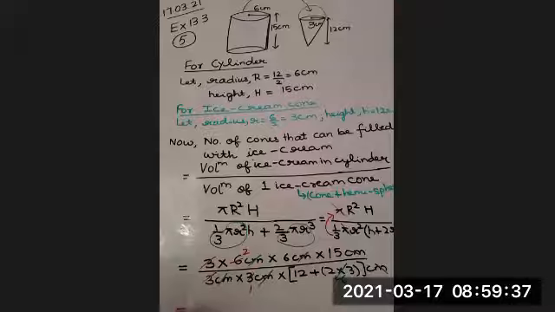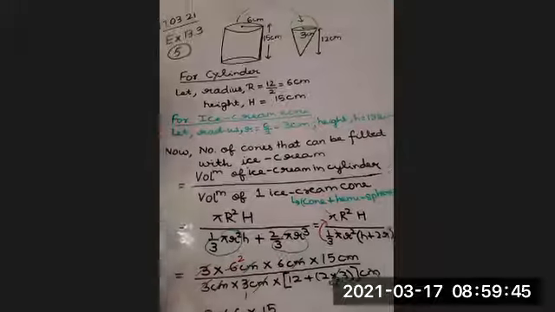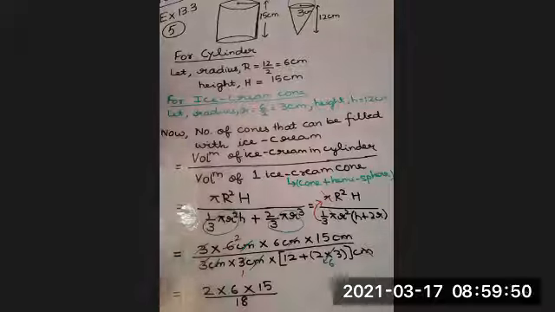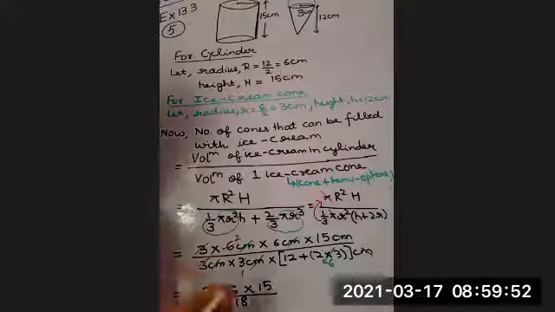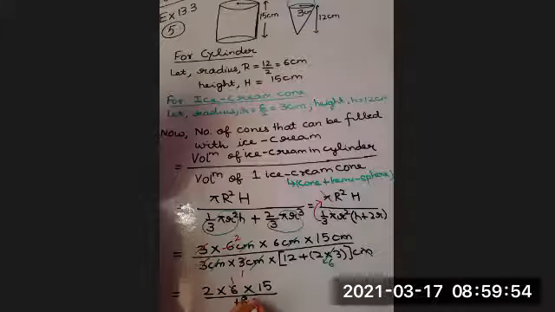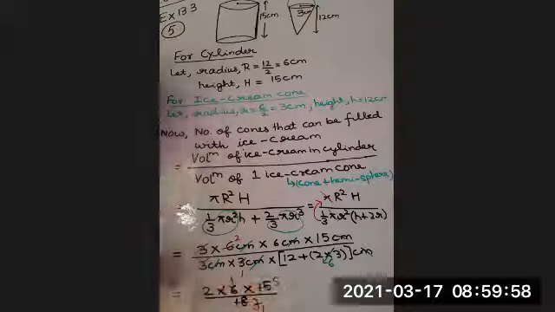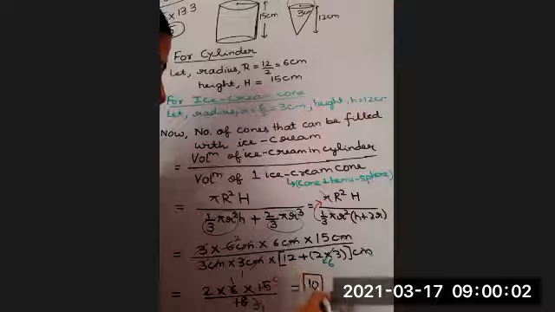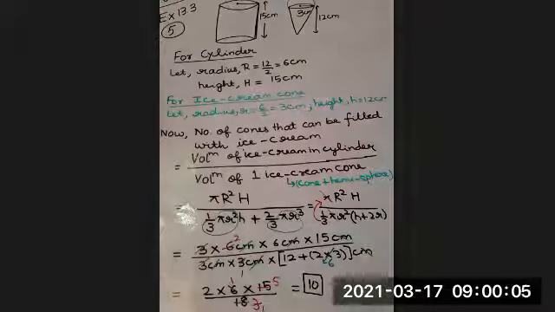So I have 2 into 6 into 15 divided by 18. Now again, 6 ones are 6, 3s are 3, 3 ones are 3, 5 into 2, 10. Okay. So 10 ice cream cones can be filled.